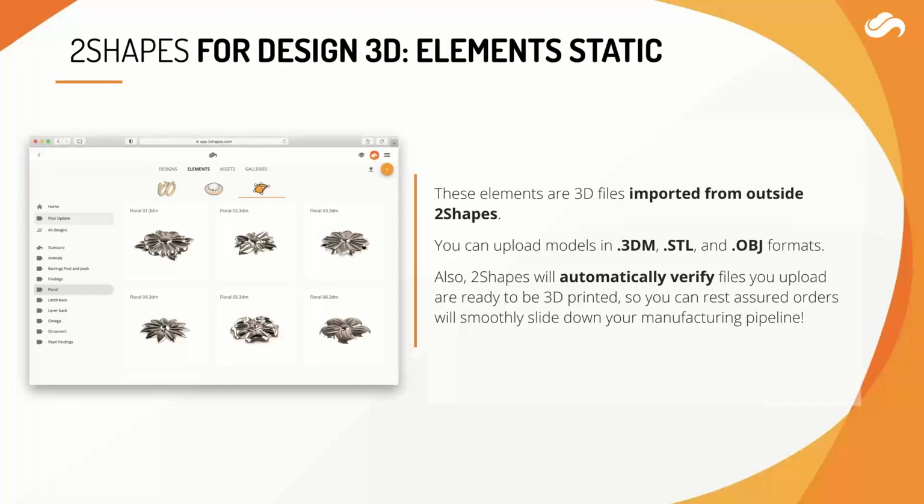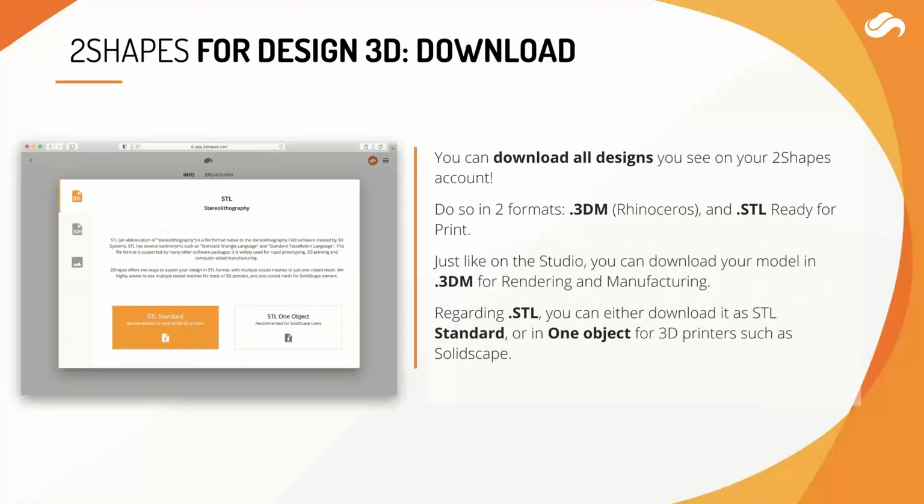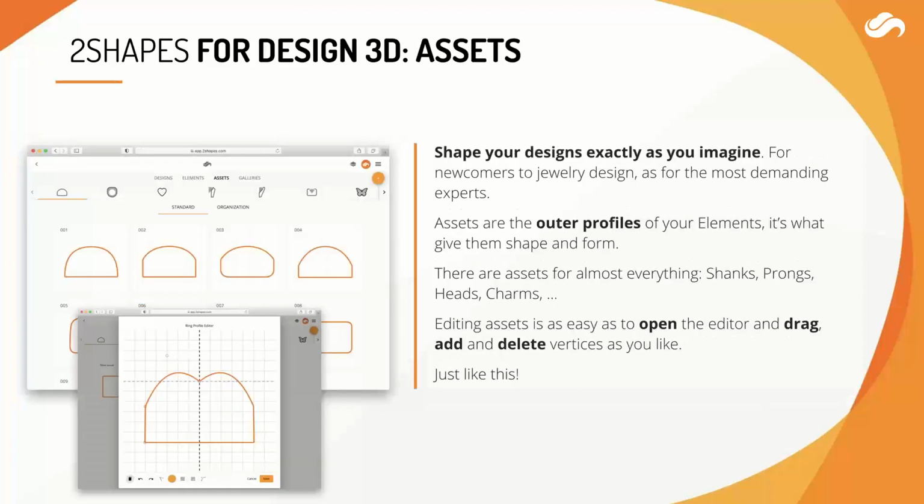Then you can bring all your Rhino files into Shapes Cloud. Also, you can export the files in STL and in 3DM, which is a Rhino file. And you have the option to modify profiles and do what you want. I think there is no limit to creating what you want.